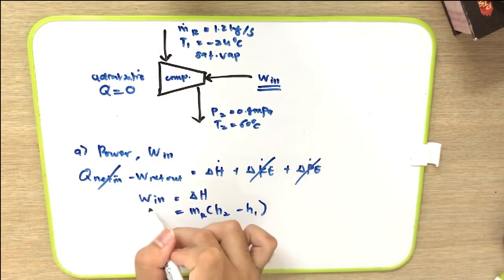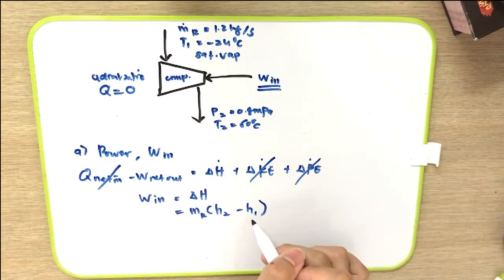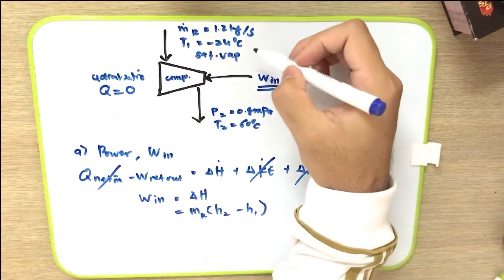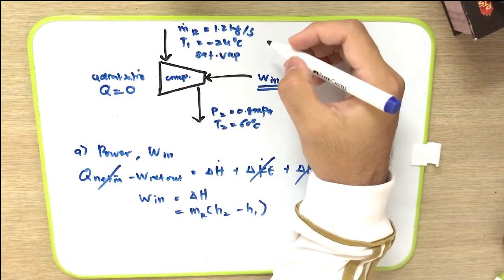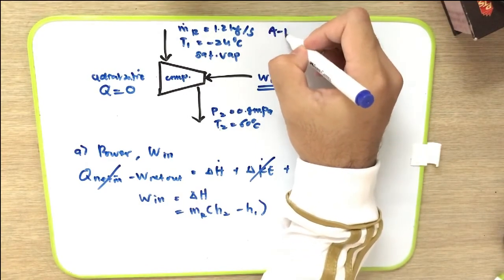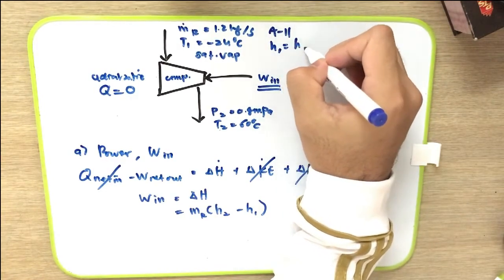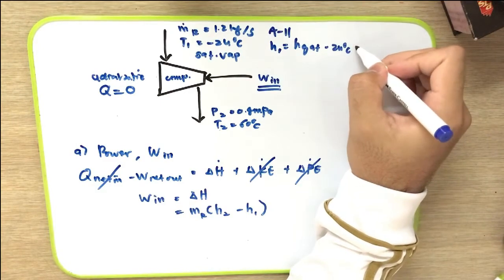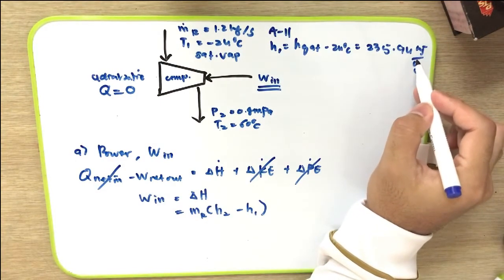Now, in order to get the W in, we have to find the h2 and also h1. First, we look at state 1 here. Because the phase of this state is saturated vapor, we just go to table A11 and we can get the h1 is equal to hg at negative 24 degrees C, and it is equal to 235.94 kJ per kg.